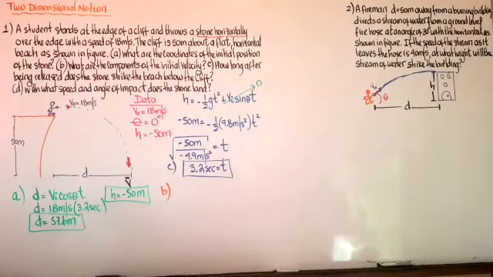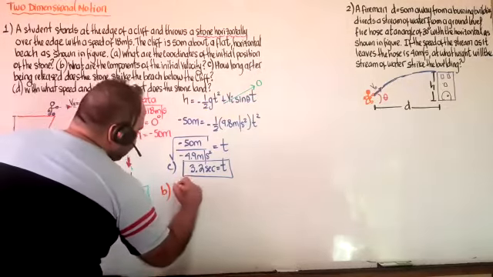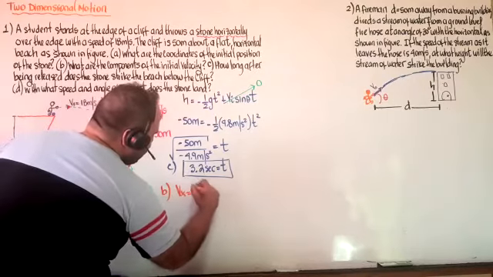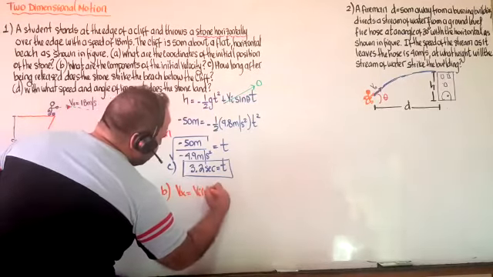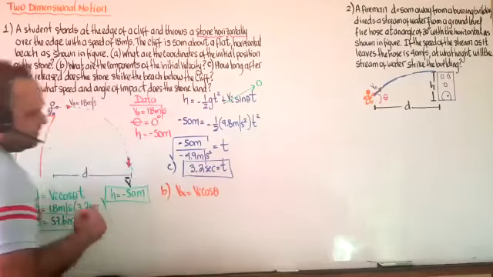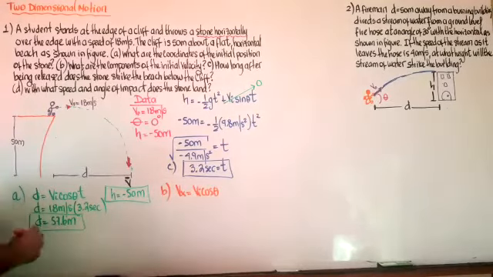What does the letter B say? What are the components of the initial velocity? I mean, they're asking for the velocity in the x-axis and the velocity in the y-axis. If you check your formulas I gave you in the last class, the velocity x will be given by Vi cosine of theta. This is the formula for the velocity x.